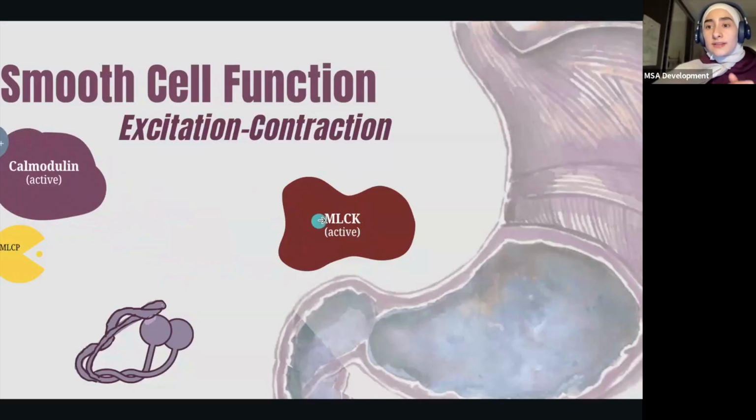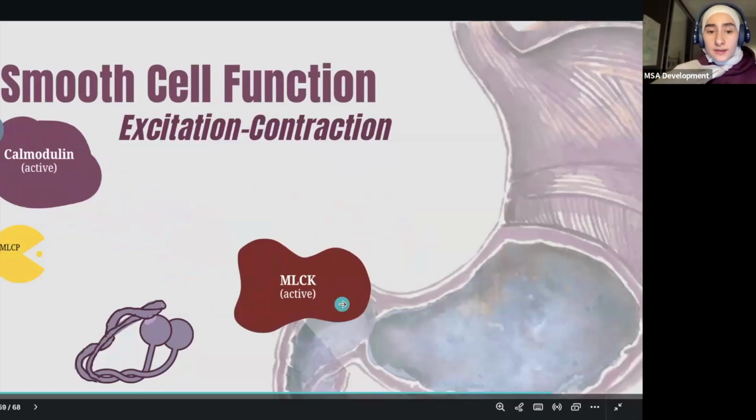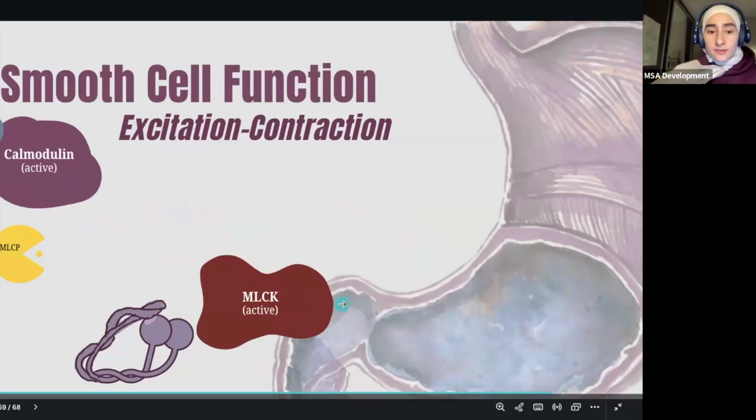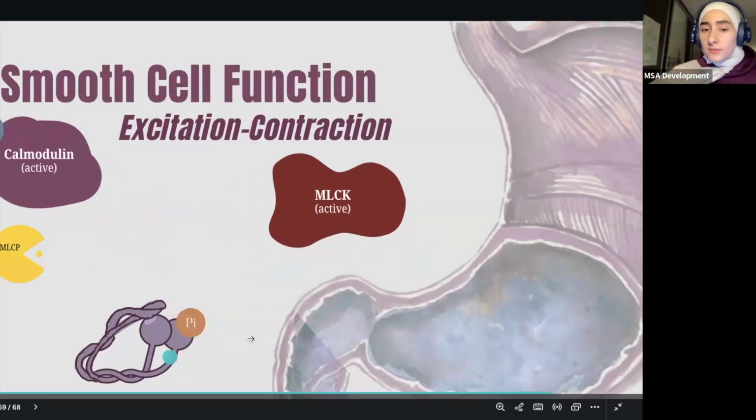So what is your myosin light chain kinase going to phosphorylate, or add a phosphate to? It's going to add that to your myosin light chain, which is right here. It's going to attach a phosphate to your head. You have to remember that myosin light chain kinase is going to add it to the light chain of the myosin. It's very easy to remember.